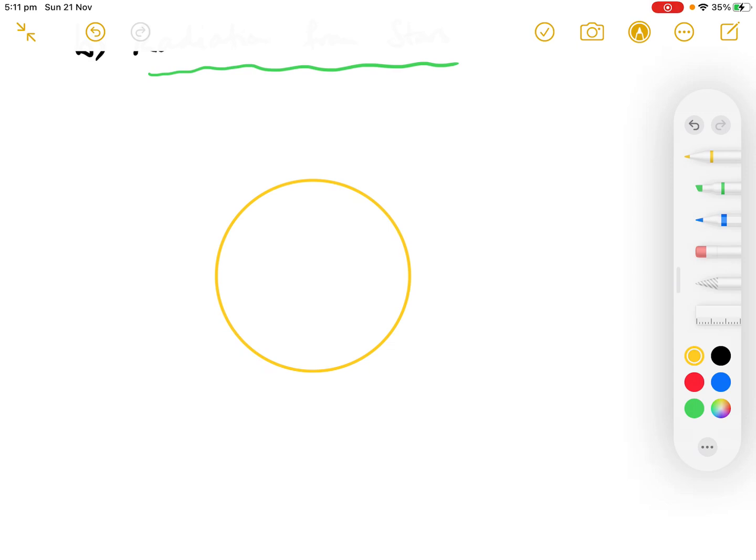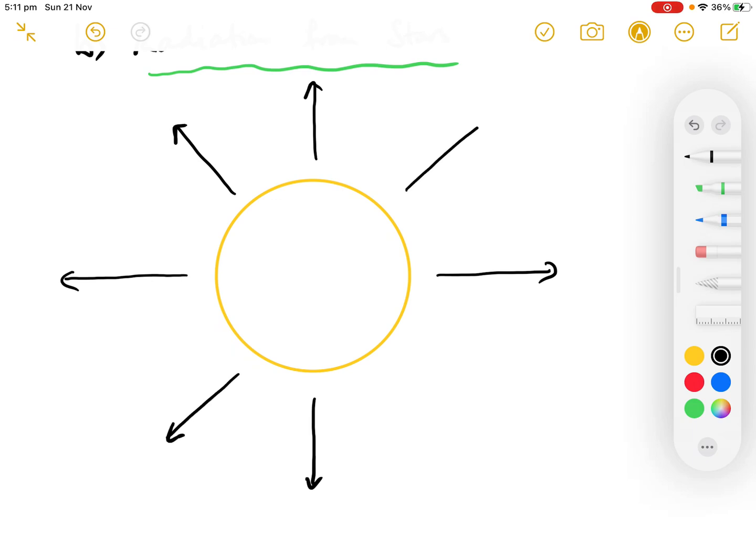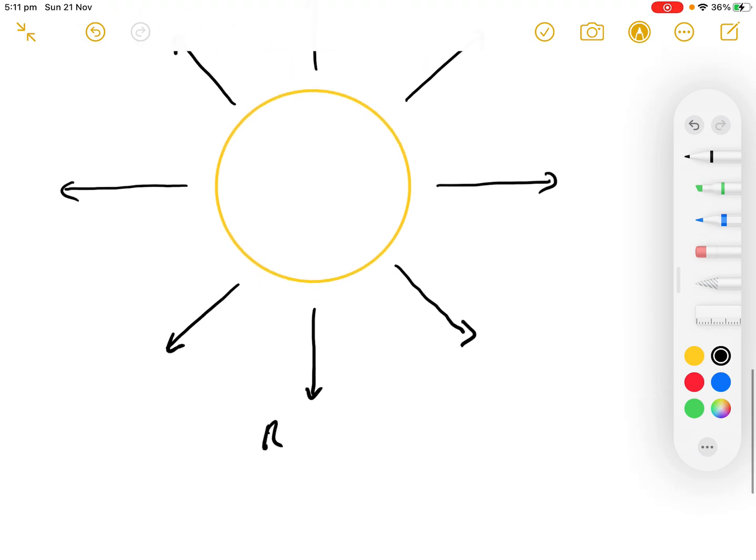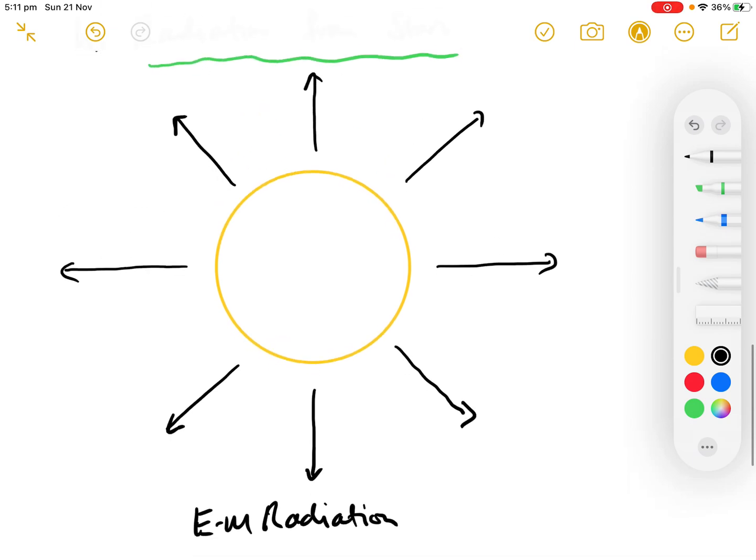And it's giving off all sorts of different types of radiation, electromagnetic radiation that is, in all directions. Now, of course, the ones we are most familiar with in everyday life are the visible light.